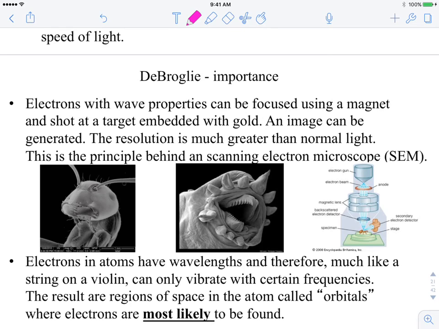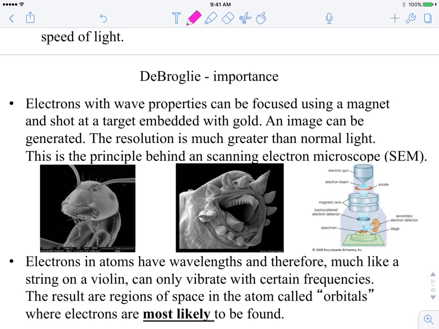Because the electron's wavelength is so tiny, the image that you get is much, much smaller and much more microscopic than you can get with just regular light. This is how the electron microscope works. So you can see these tiny little beasts that you could never see with your eye, and even if you saw them under a light microscope, they would look like little specks.